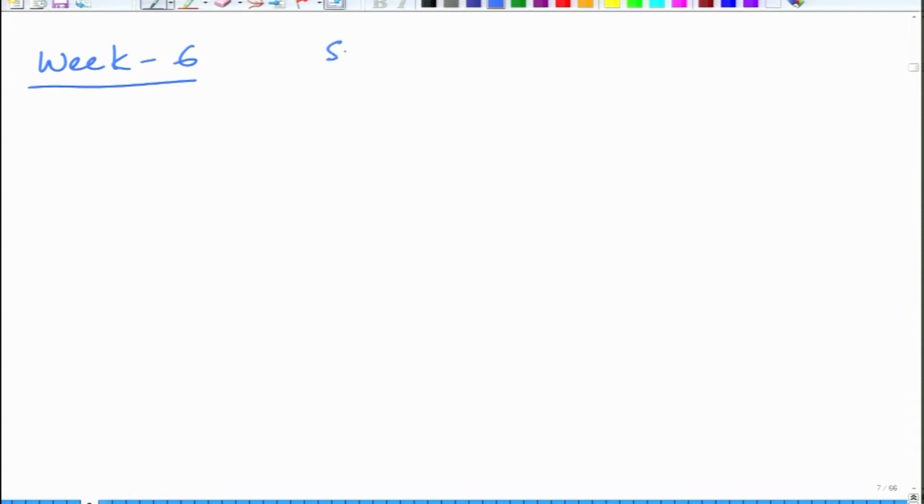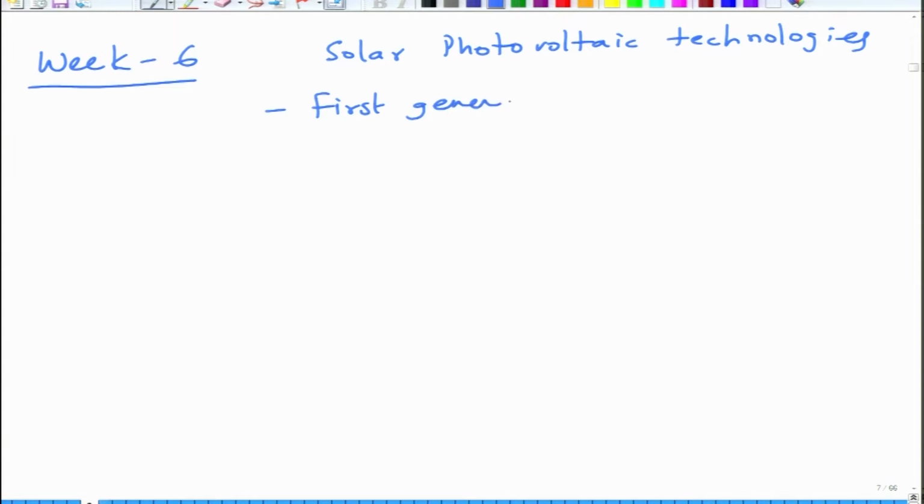And then in week 6 we will start with the solar photovoltaic technologies, and in this first week we will discuss first generation solar technologies. Solar photovoltaic technologies are divided into 3 categories broadly.